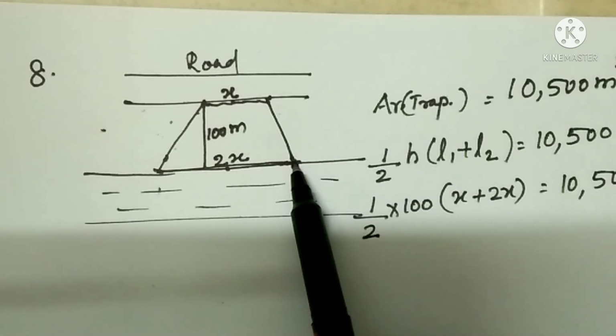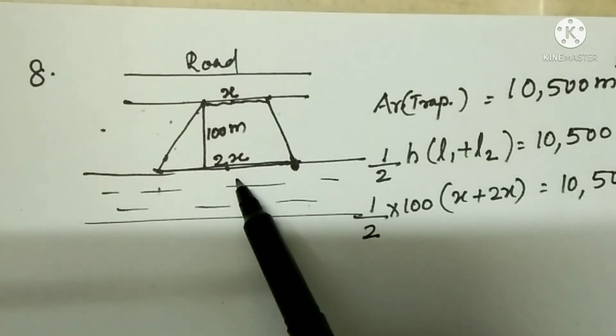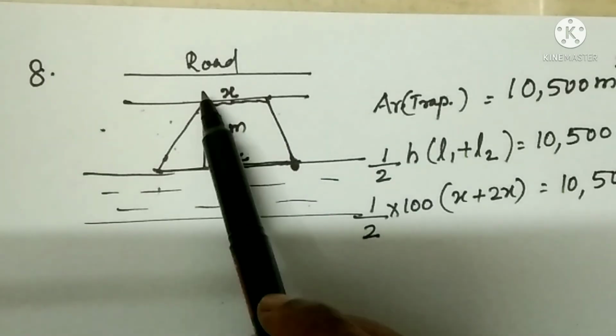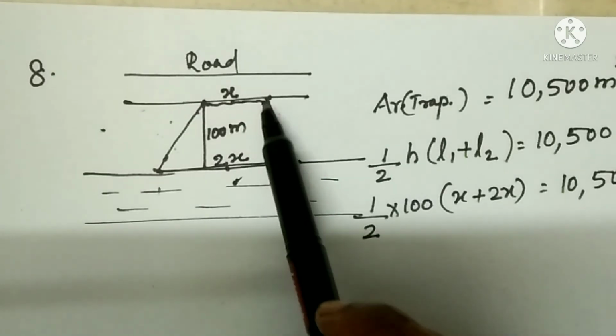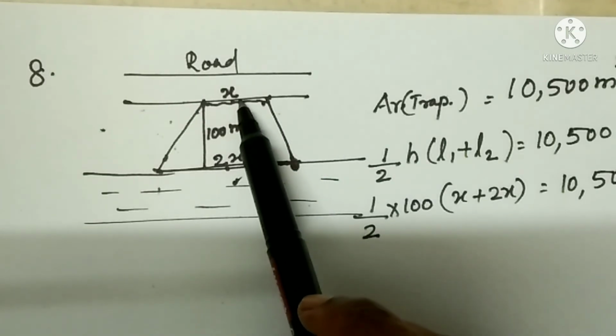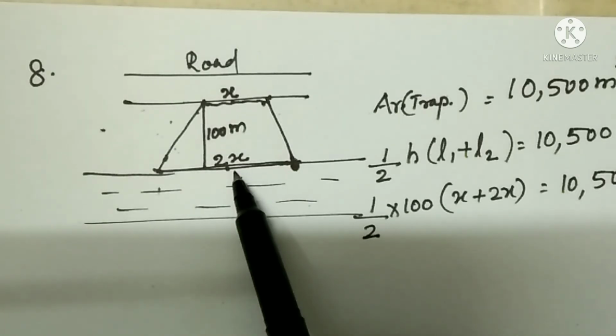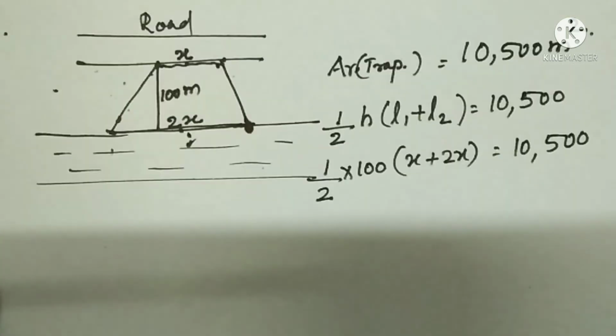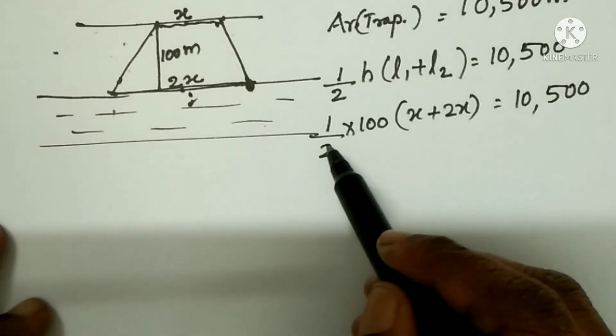Its side along the river is parallel to and twice the side along the road. So if this is the side along the road, which is x meter, this will be 2x. Okay, so from here we will find the value of x.